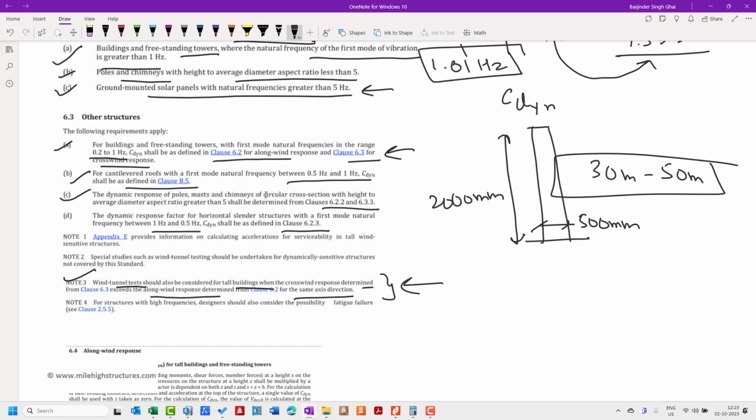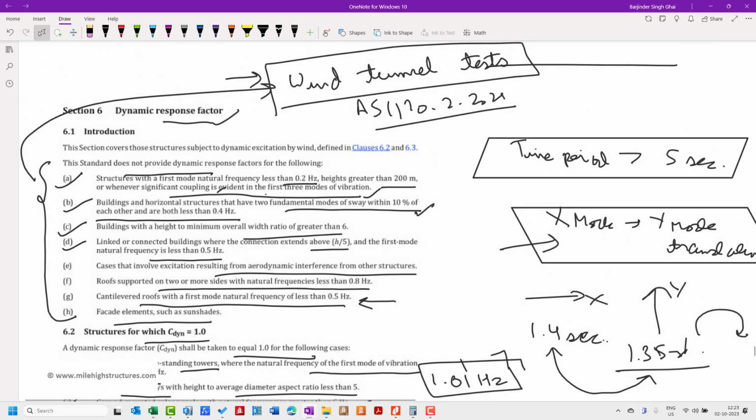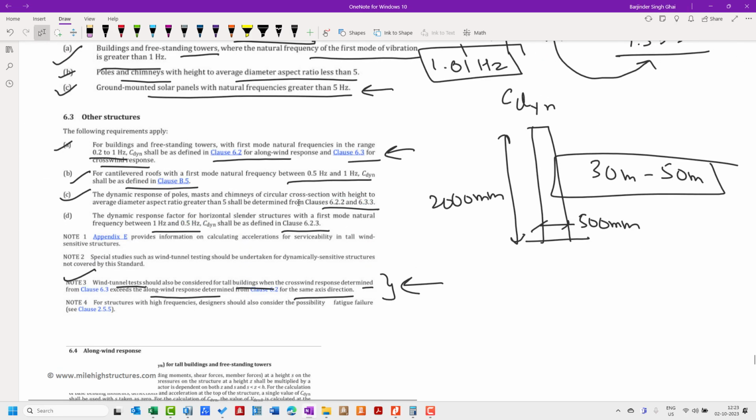So even if you come to know that a crosswind response is exceeding the along wind response, you need to refer to wind tunnel testing only. Special studies such as wind tunnel testing should be undertaken for dynamically sensitive structures which are not covered by this standard. This code is also helping us calculate the acceleration for serviceability in tall wind sensitive structures.